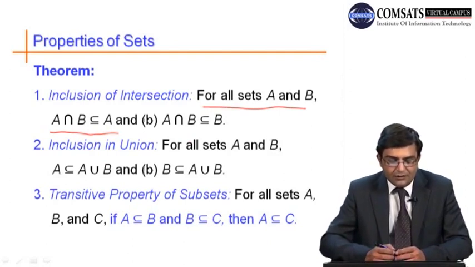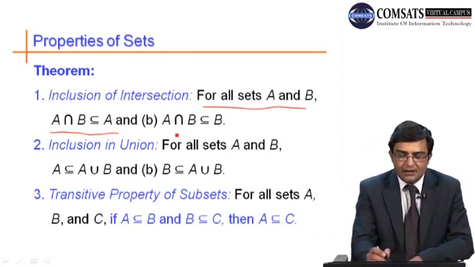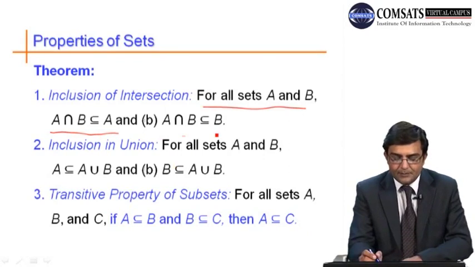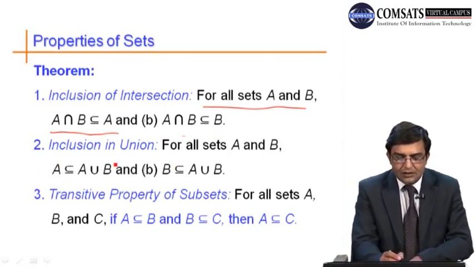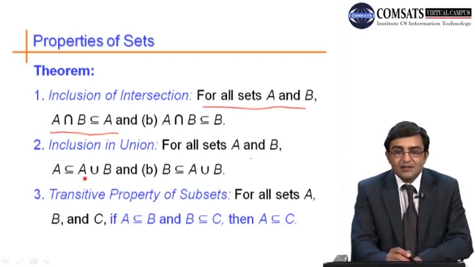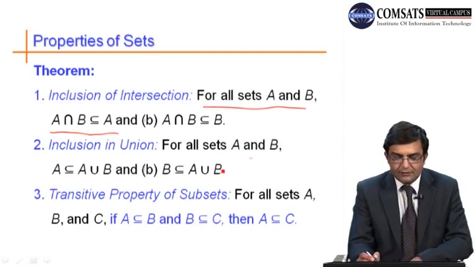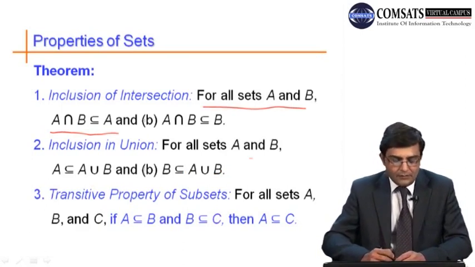It is obvious that A intersection B is a subset of A and A intersection B is a subset of B. The second statement is inclusion in union. For all sets A, B, A is a subset of A union B and B is a subset of A union B. We can easily prove this.